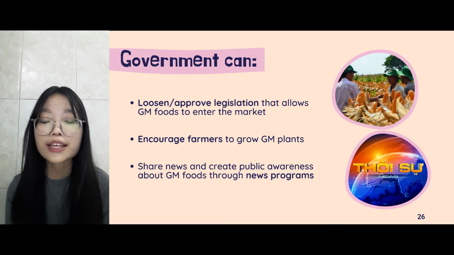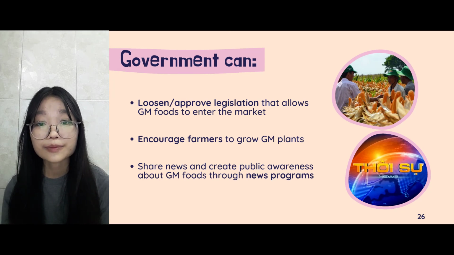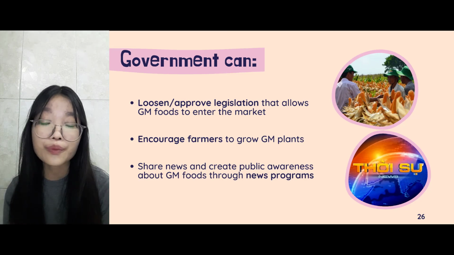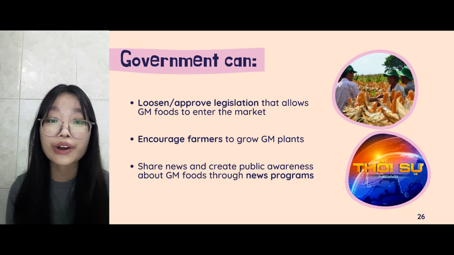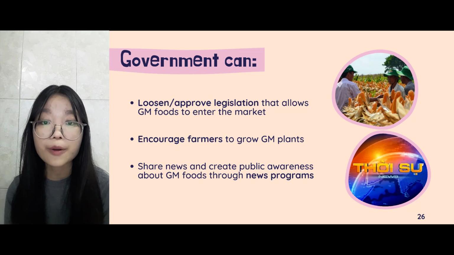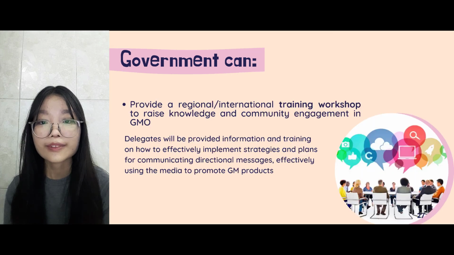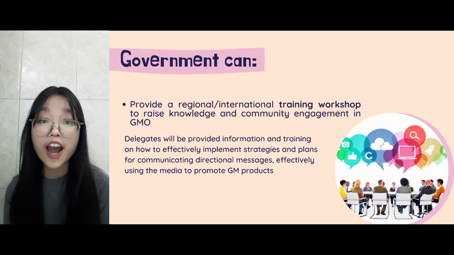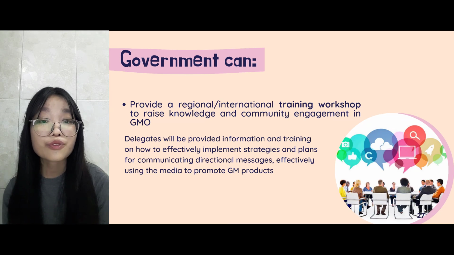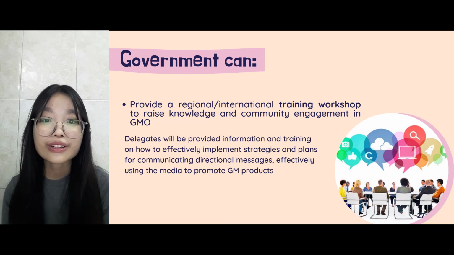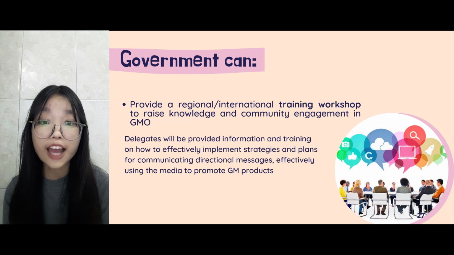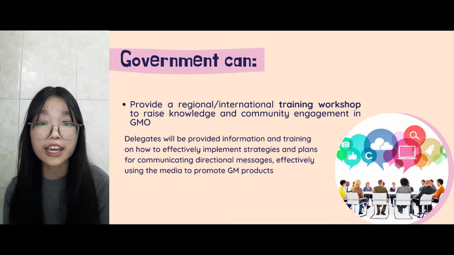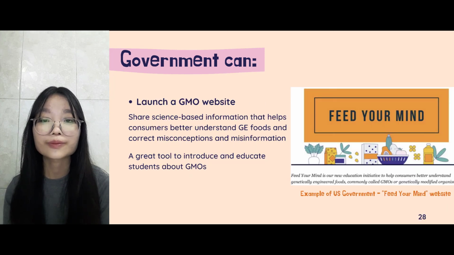Besides, the government can encourage farmers to grow GMO crops or share news through news programs to create public awareness about GM foods. For experts in this field, government can provide them with regional or international training workshops to raise knowledge and discuss strategy to promote GMO.